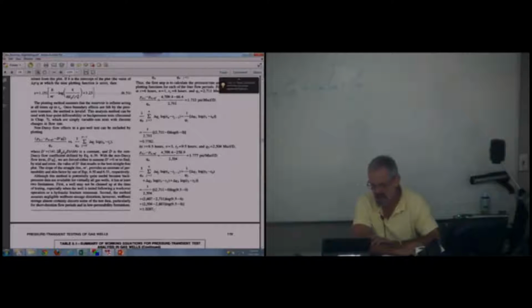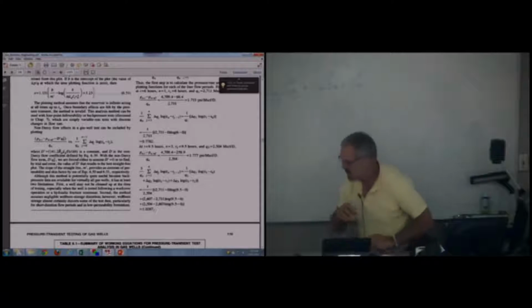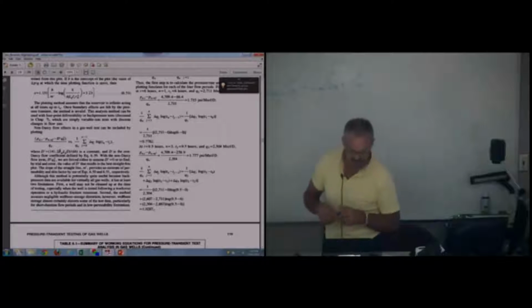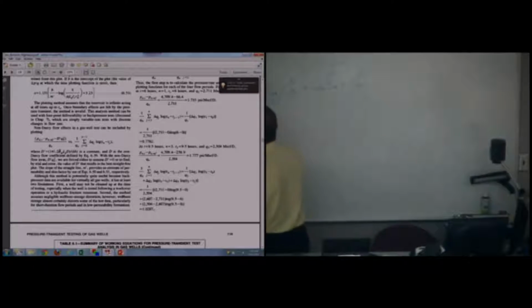Now, if I had instead of 4, let me show you what's going to happen. The number of terms increases in this calculation. The first one's easy. We have 4.